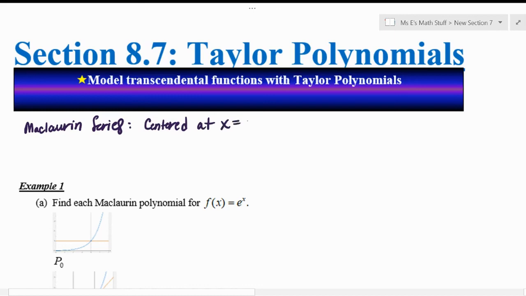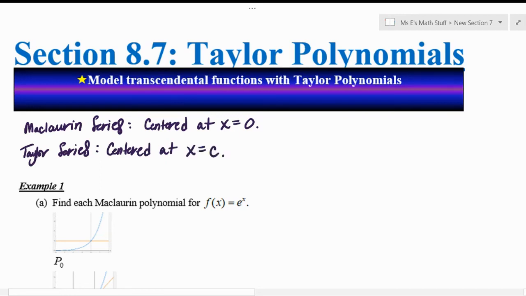It's just vocabulary that you will get used to. And if you see something called a Taylor series, you would have to be told what it's centered at. A Taylor series could be centered at any x value.